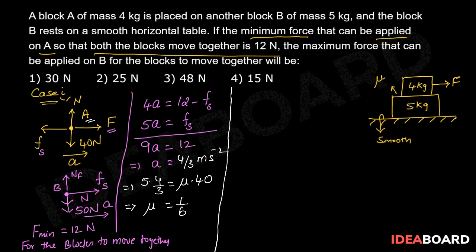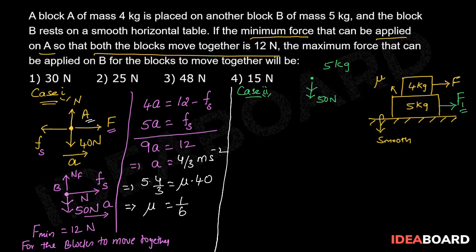Now in case 2 of the problem, it is said that the applied force is now on the 5 kg. He is asking to find out the maximum value of this applied force F1 for which both the blocks will move together. Now let us draw a free body diagram of the 5 kg. Its weight, 50 newtons, acts vertically downwards.